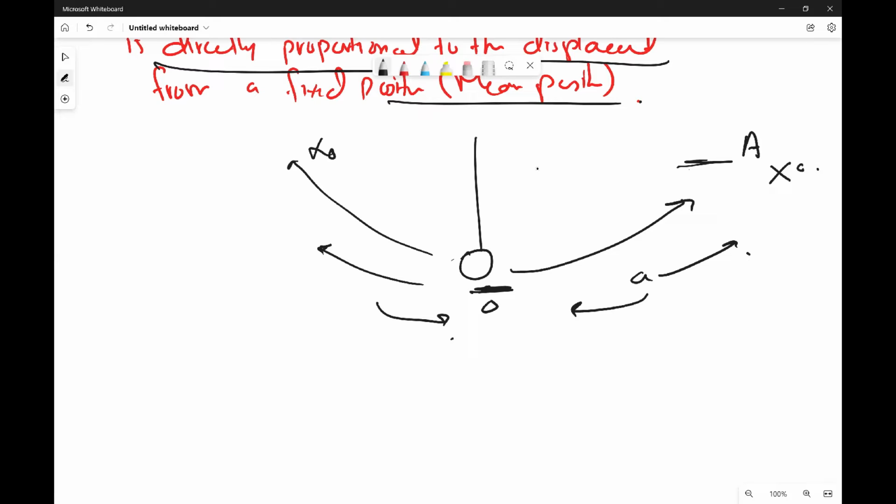Hassan, can you hear me now? Yes, I can hear you, sir. Your voice is breaking, I only get half the question and then the rest of the voice doesn't come. Okay, now the voice is coming properly? Yes. Okay, I was asking why is acceleration opposite to displacement, why is it in the opposite direction to displacement. Let me know if the voice breaks again.